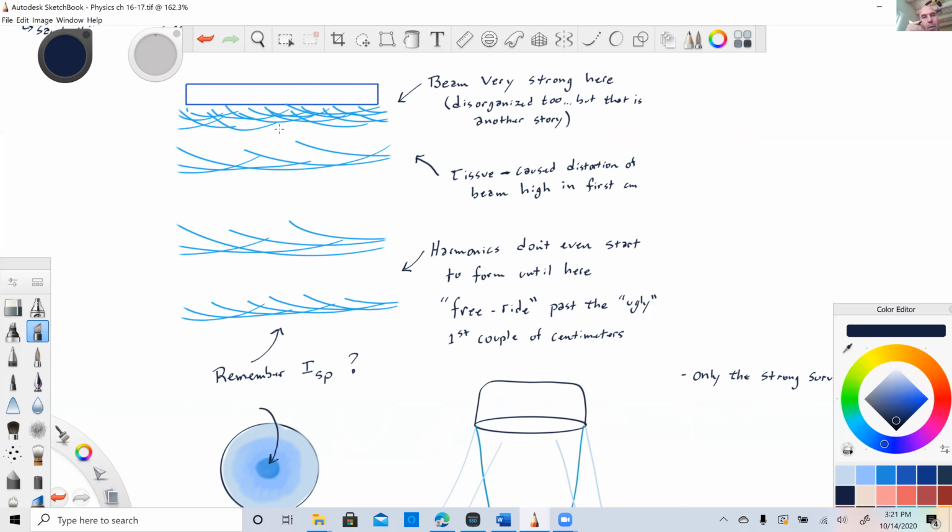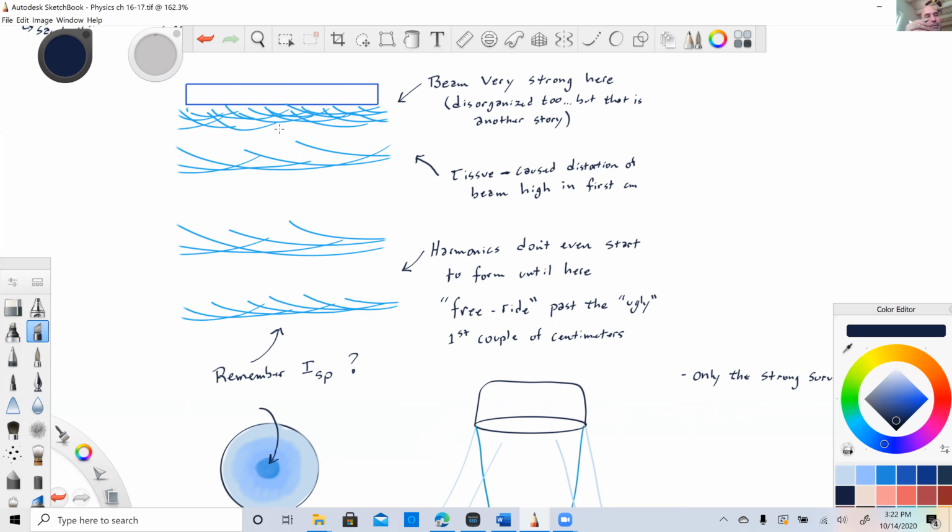So with the beam being very strong, and you're going from the transducer into gel, into skin, into a subdural layer of fat, into muscle, you're actually going through a lot of surfaces there that can cause some distortions.